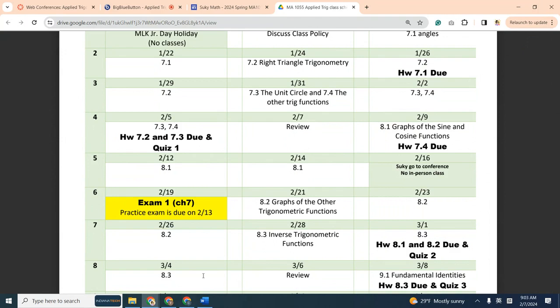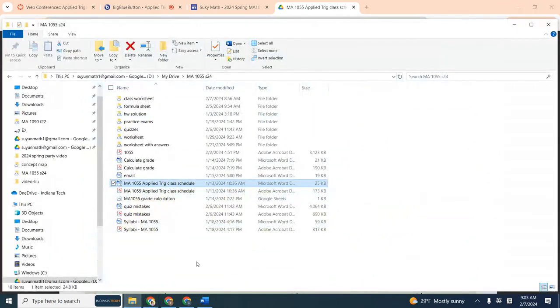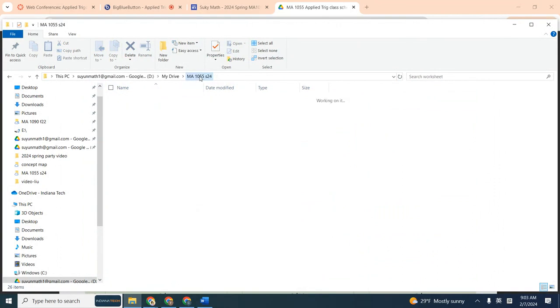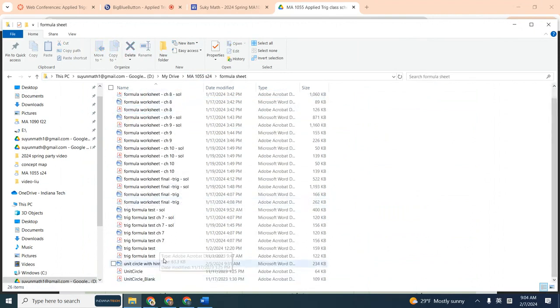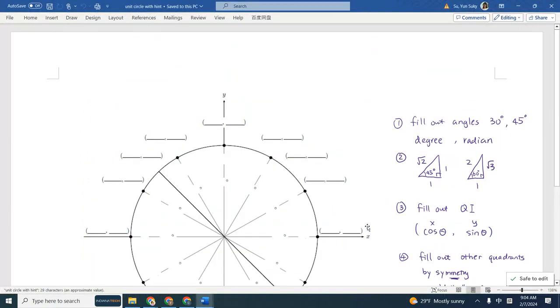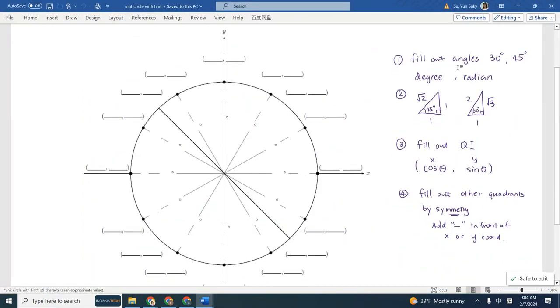All right. So let me remind you one more time. Instead of memorizing all these numbers, we find the patterns. You fill out the angles with 30 degree and 45 degree.